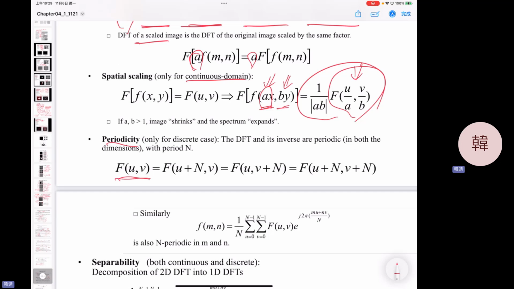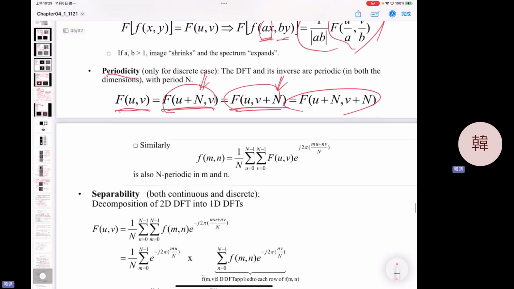And also periodicity. We just mentioned the discrete Fourier transform is periodic in the frequency domain. So if you have this kind of operation, they will be the same. Okay, because it's periodic, in both the horizontal and vertical directions, repeating by N points.